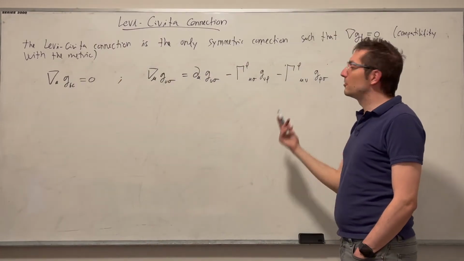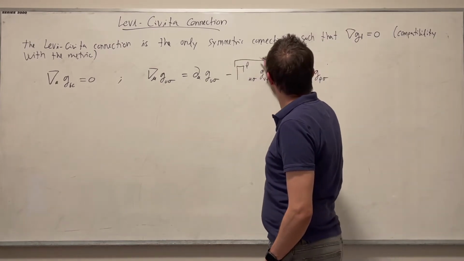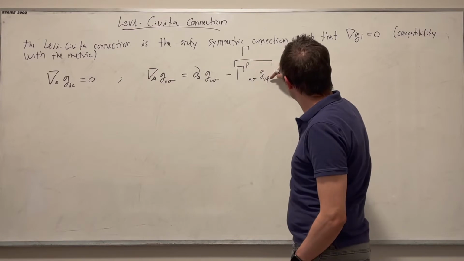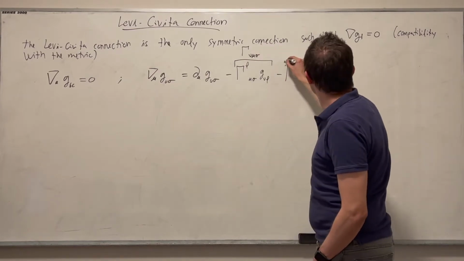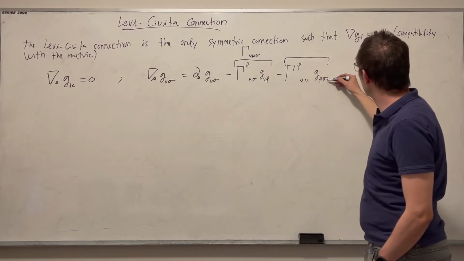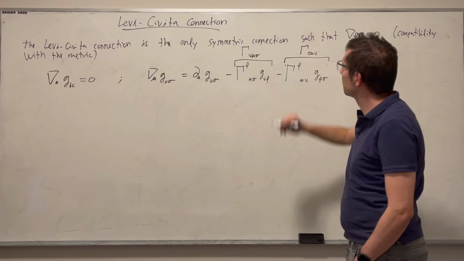But we know that the metric lowers and raises indices, so we can abbreviate. We can call this guy Γ, and we lower the rho index to Γ_νμσ, and we can call this guy, again lowering the index rho now to sigma, Γ_σμν. Alright?